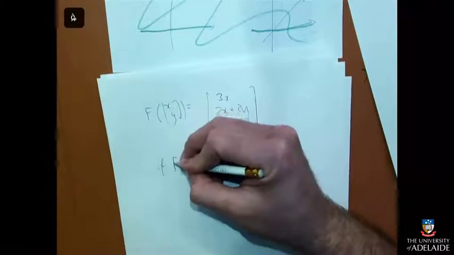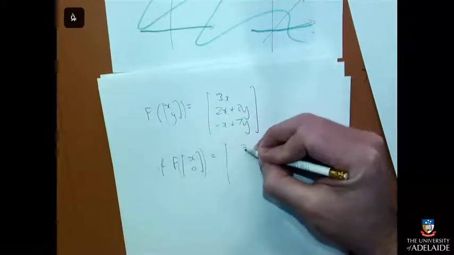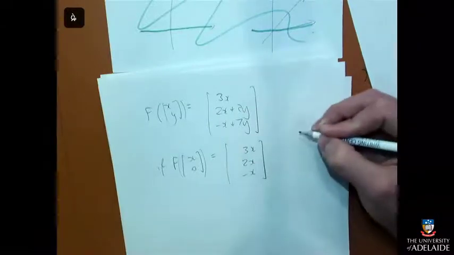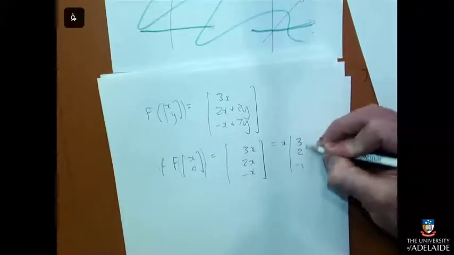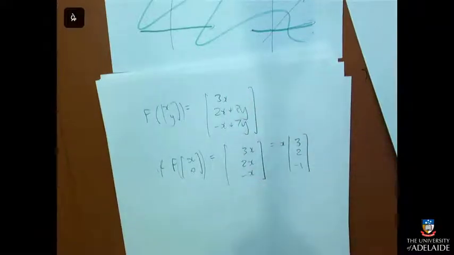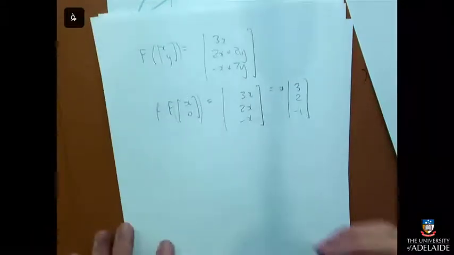So if I take the x-axis, I get that, which is x times 3, 2, minus 1. How interesting is that? Because all the y's became 0. Huh. So actually, there's going to be a really bad 3D picture.